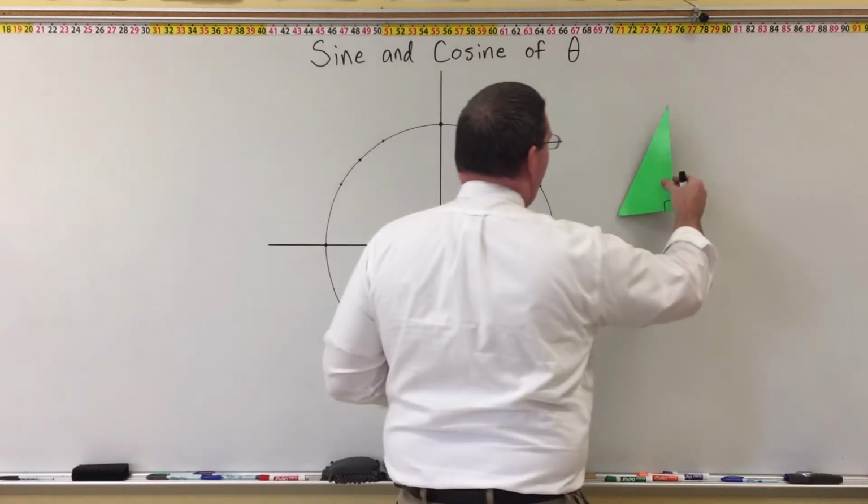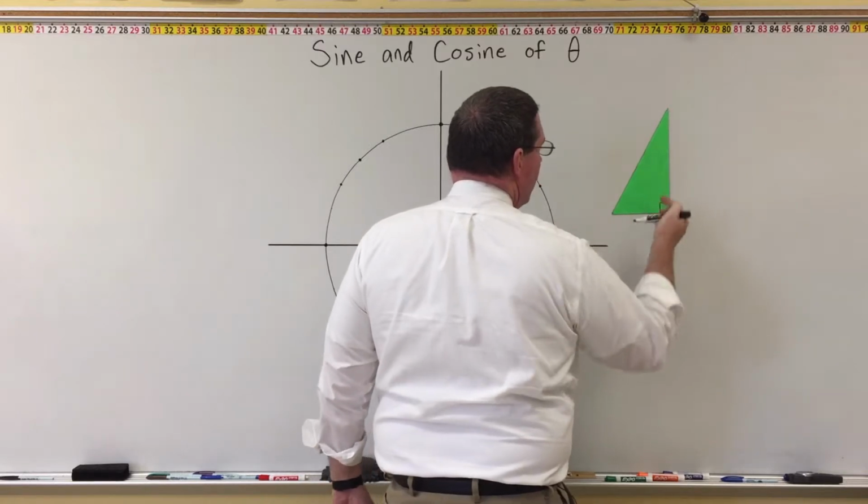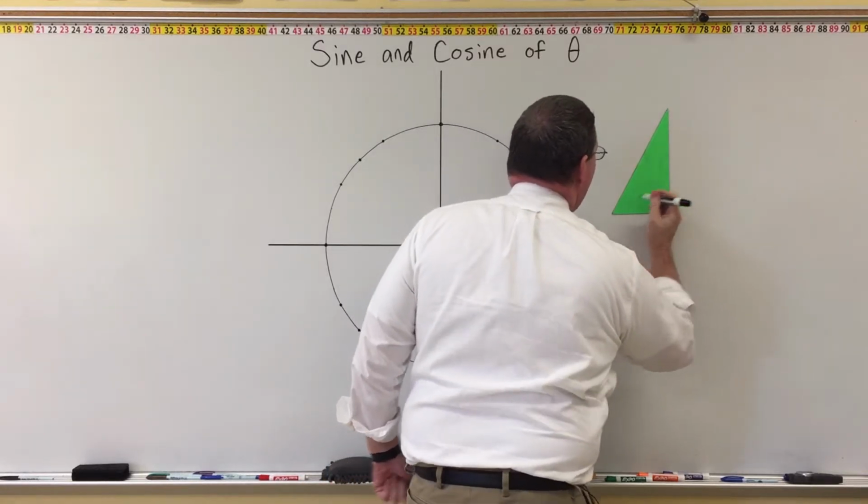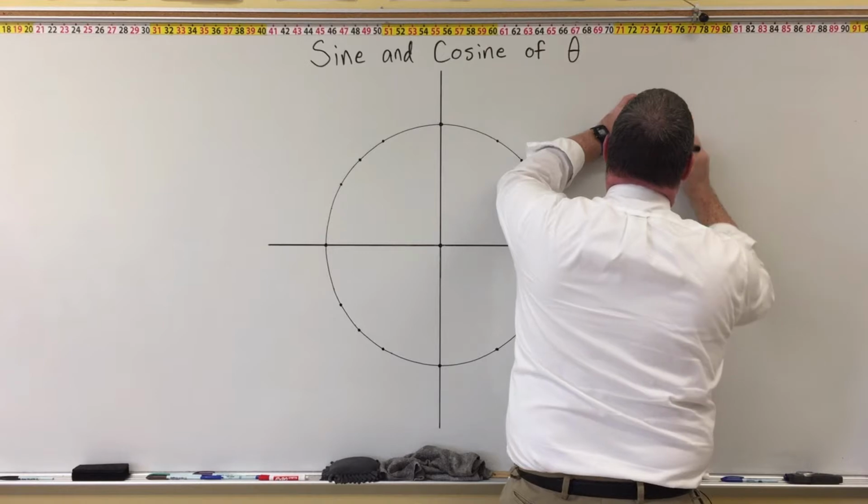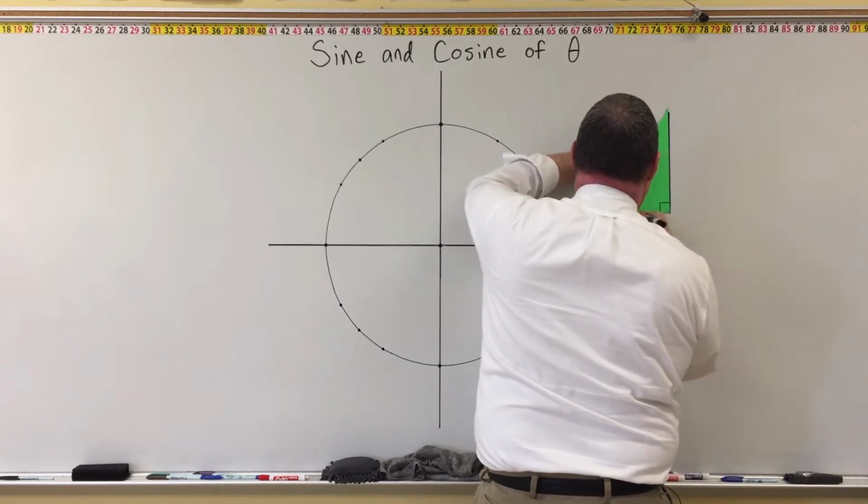What you understand so far is that if you have a right triangle, let me just draw it on here. There we go, I'll use this as a stencil.